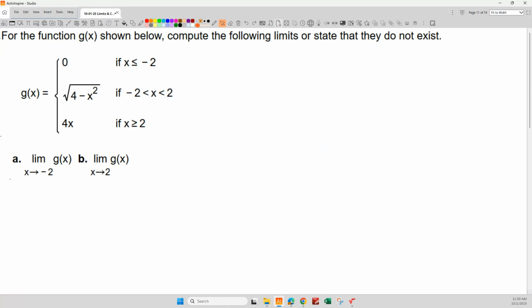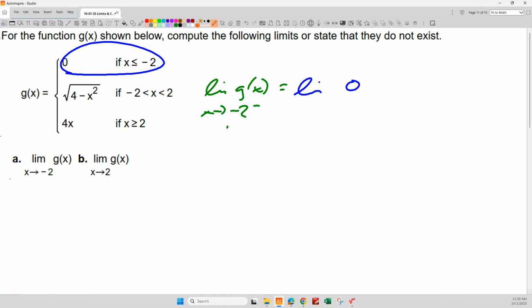Okay, so for part A, we would take the limit of g of x as x approaches -2 from the left. Which piece would I be on? First, second, or third? First, where x is less than or equal to -2, okay? So that would be that piece.